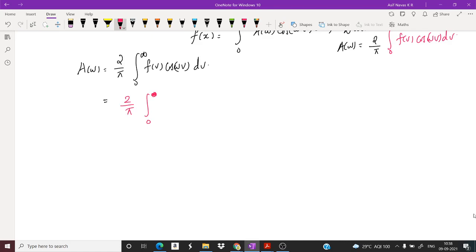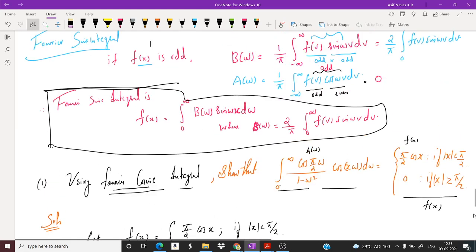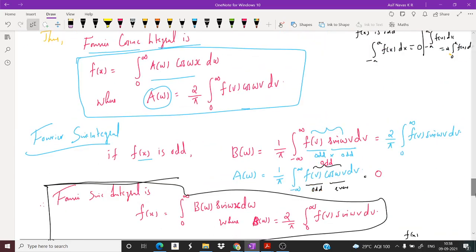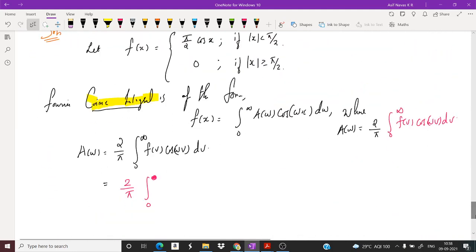So what is our f of v? f of x is given, and it is defined from mod x less than pi by 2, it is pi by 2 cos x. That means minus pi by 2 less than x less than pi by 2, it is pi by 2 cos x, and all other it is 0.